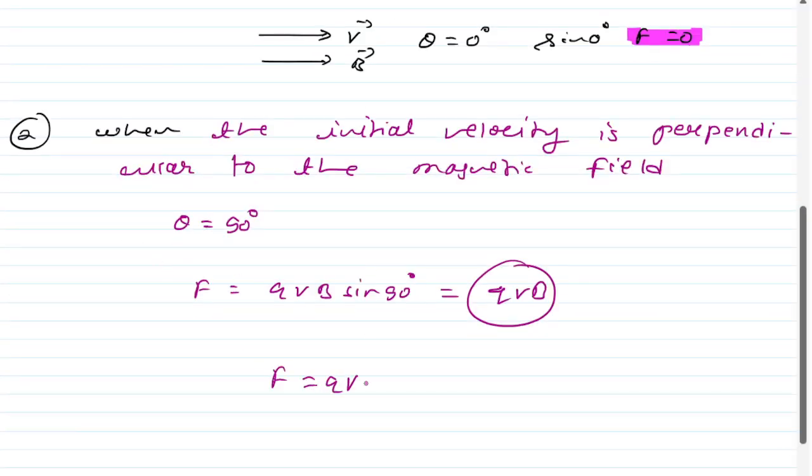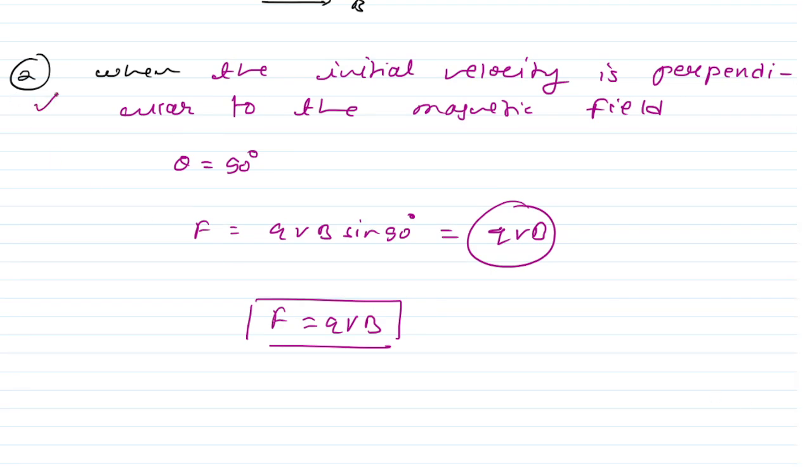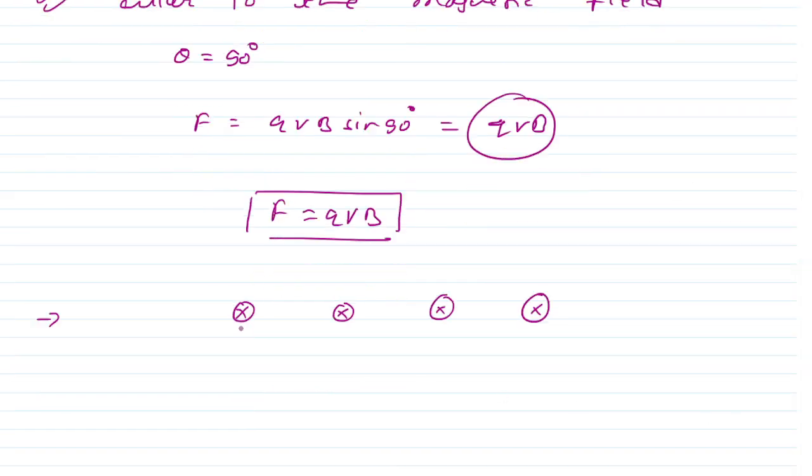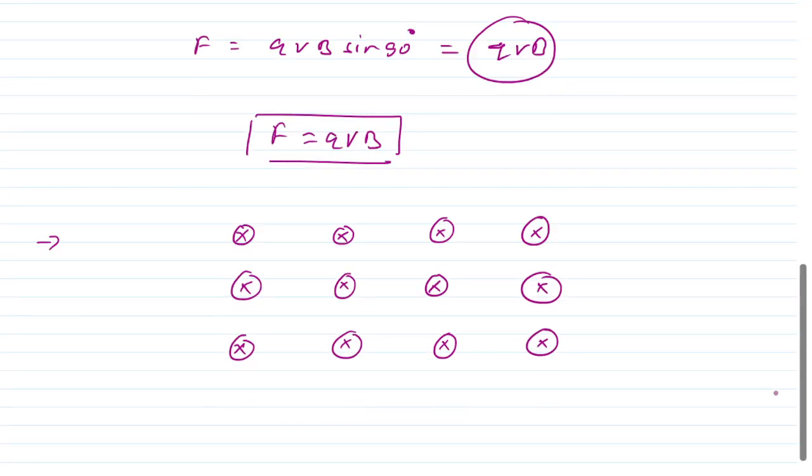So we are going to take this case in brief by taking one example. You see, we are going to consider a region where the magnetic field is perpendicular to the plane and inward, and that we are representing by cross.